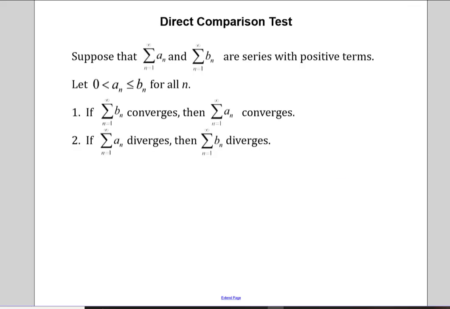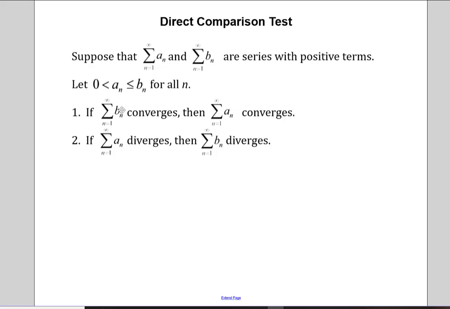So stating that test verbally, we could say, suppose you have some series a sub n and b sub n, and all the series are positive terms. Then if a sub n is smaller than b sub n, but a sub n is greater than 0 for all of your n values, if b sub n converges, then a sub n converges.